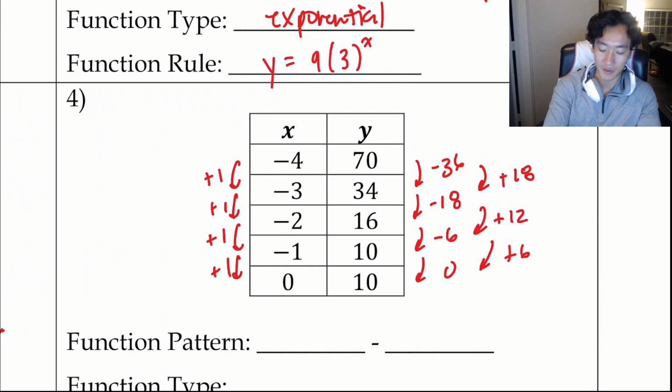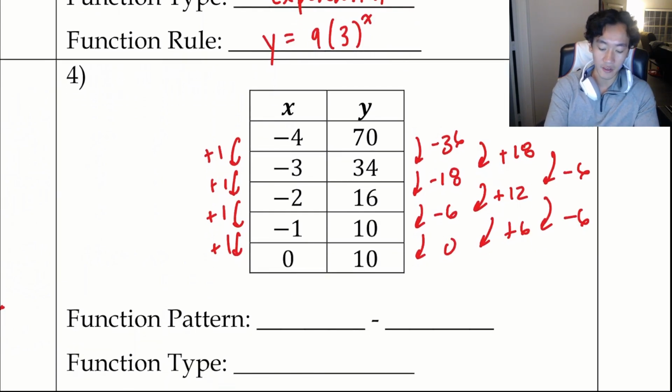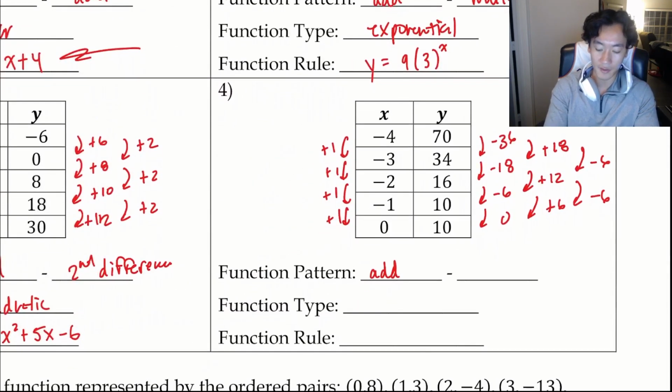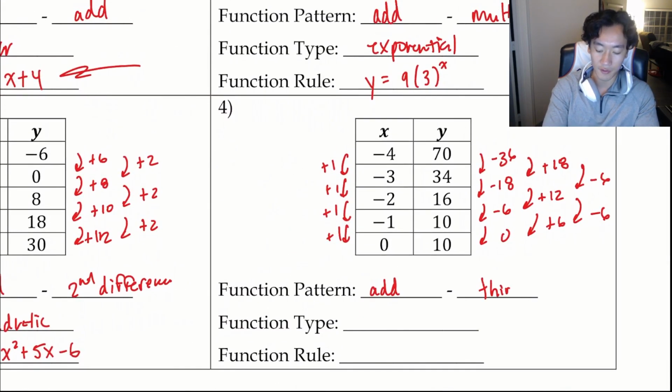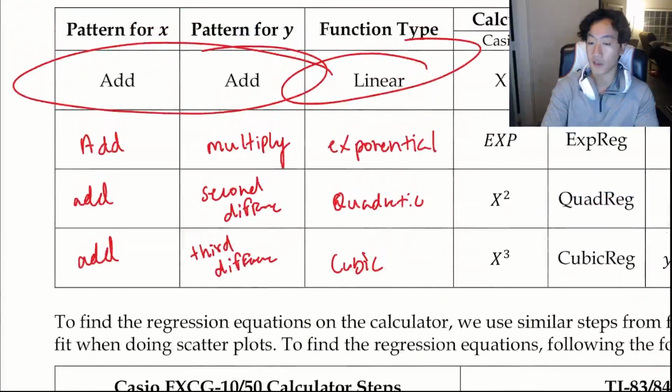Hopefully we have one on the third difference, which we do, minus 6 and minus 6. So I have a function pattern of add, and then I see that we have third difference. And if I recall correctly, if I scroll back up to my table, an add and third difference should be representing a cubic function. And I'm right.